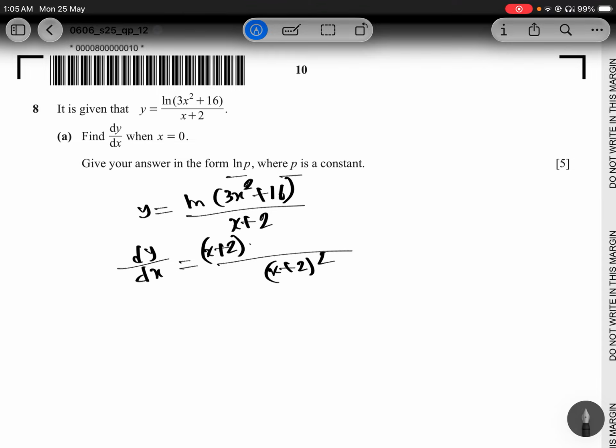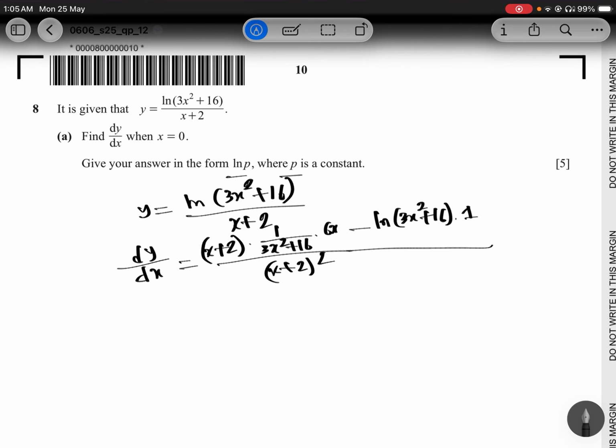So dy/dx is 1 over, 16 into 6x, minus ln of 3x square plus 16 into 1.